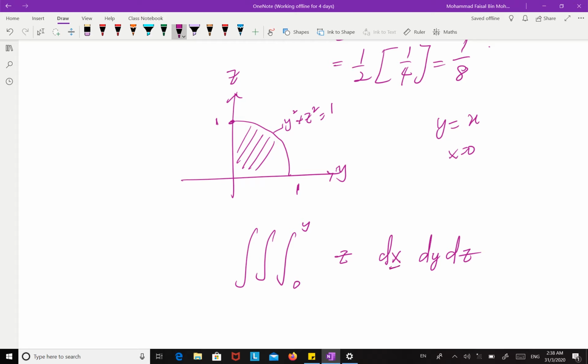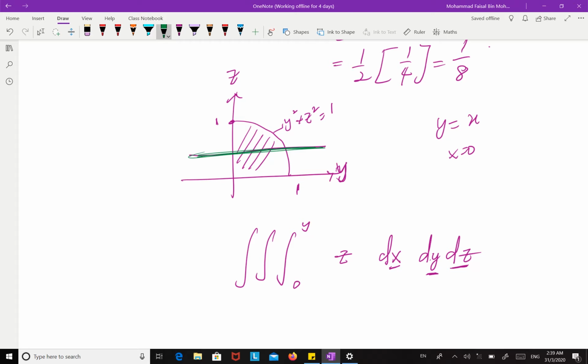Again, the x should be a function of at least y and z. And then you have y. Now z is a constant because z is the outermost. Then you have to slice on z, and what do you get now?